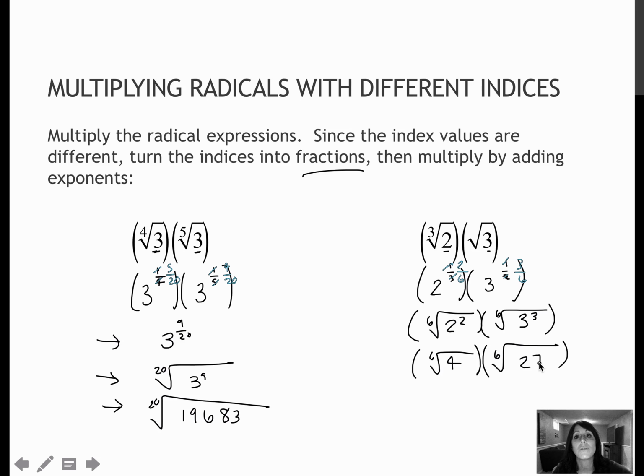I can multiply 4 times 27 to get 108, and so my answer is the 6th root of 108. And I, of course, would take some time to make sure that there are no perfect sixths that go into that. 2 to the 6th is 64, and 64 does not go into that evenly, so really nothing else is going to. So that's my answer.